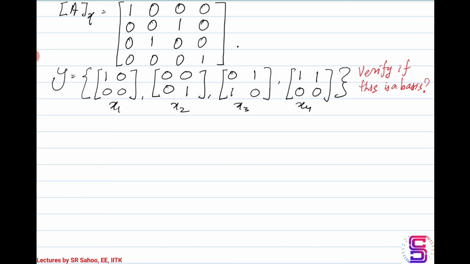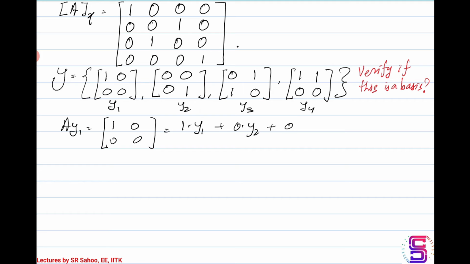Okay. Now, let's not label them as x1, x2, y1, y2, y3, y4. So A acting on y1 is what? The transpose operation is this, which is 1 times y1 plus 0 times y2, 0 times y3, and 0 times y4. What is A acting on y2?